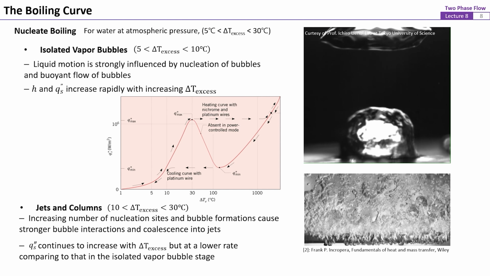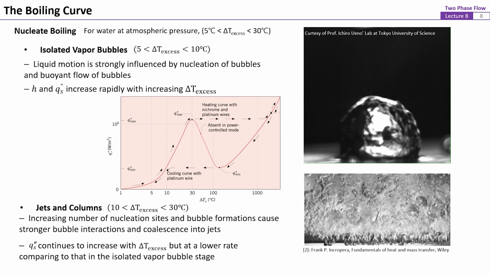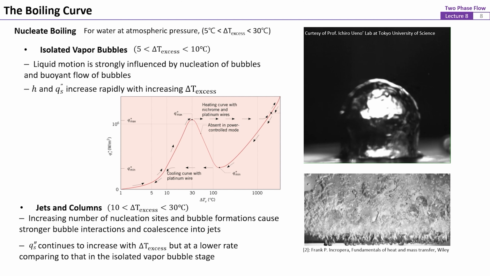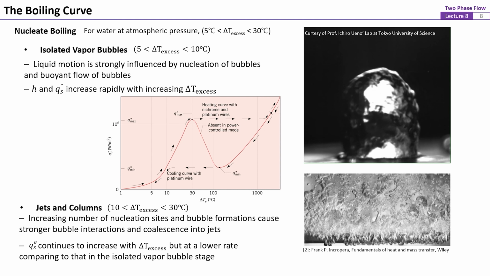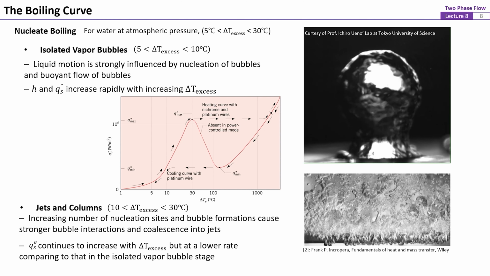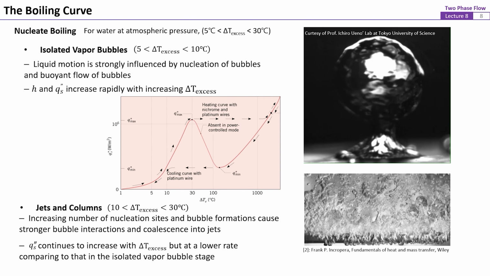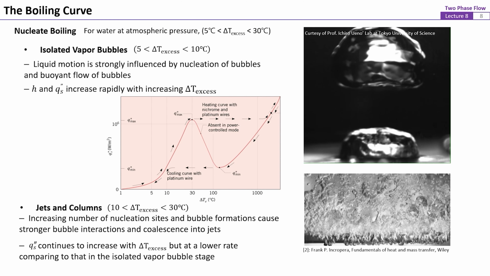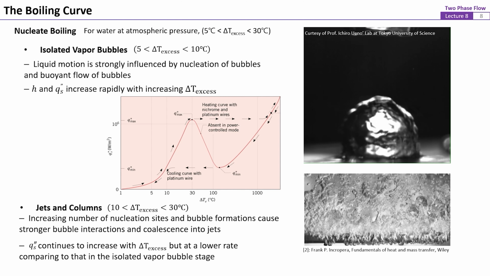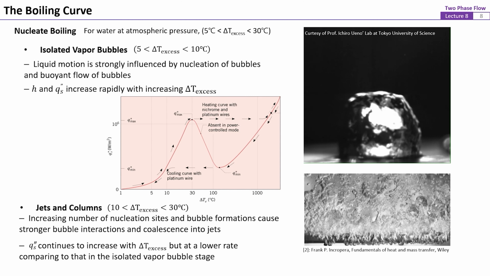Owing to the strong fluid motion and liquid contact and evaporation on the hot surface, the nucleate boiling heat flux increases rapidly with increasing excess temperature. As shown in the boiling curve, the boiling heat flux in this regime can be on the order of several hundreds of kilowatts per square meter.